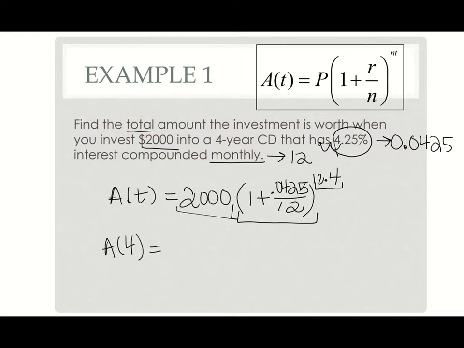And if I plug this into my calculator, I have 2,000. And then in parentheses, I have 1 plus, and I want to put this second piece here in parentheses. So I've got a double set of parentheses. So now I have parentheses 0.0425 divided by 12.